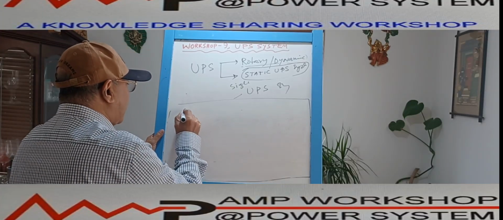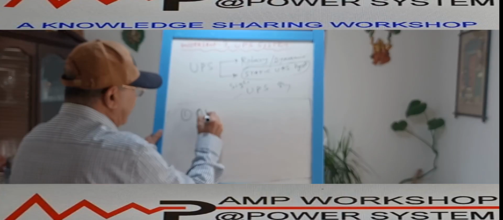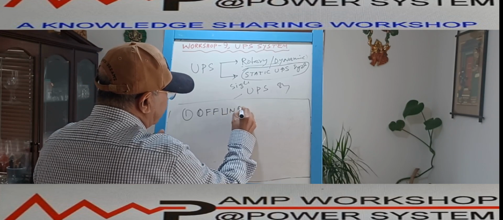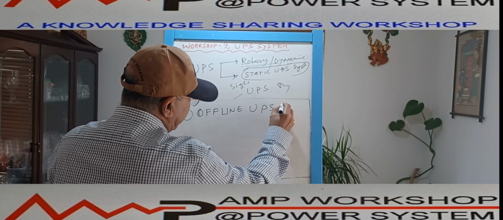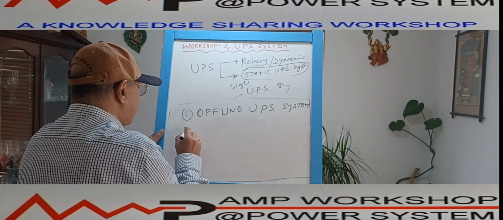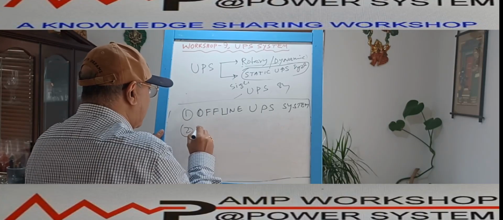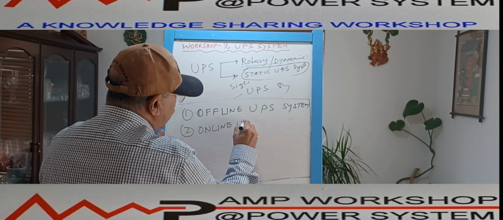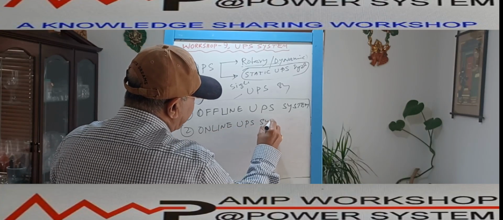One is called offline UPS. Second classification is the online UPS system.